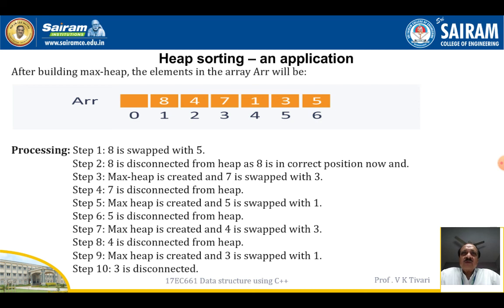How are we going to do this? In step 1, 8 will swap with 5, and in step 2, 8 is disconnected from the heap as 8 is in its correct position now, and that can be repeated until step 10, where 3 is disconnected, and this is shown in the figure.